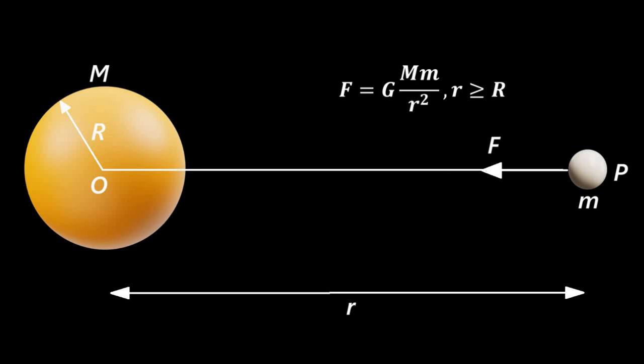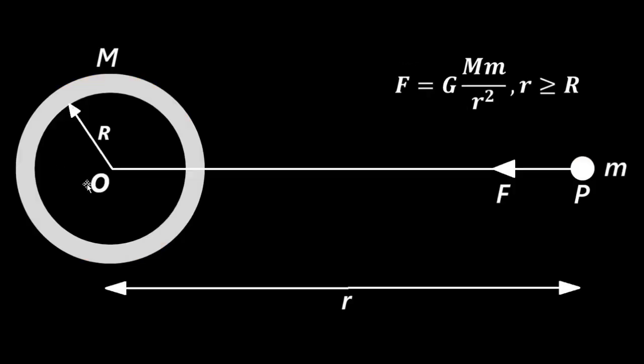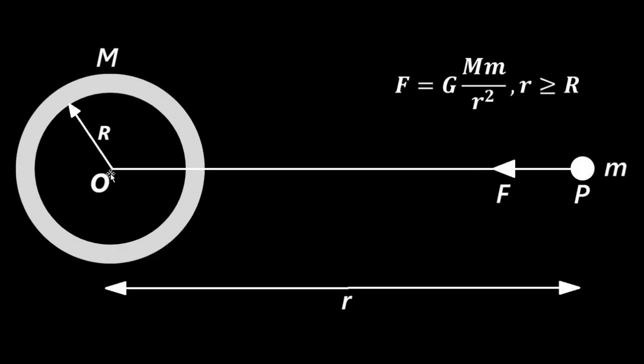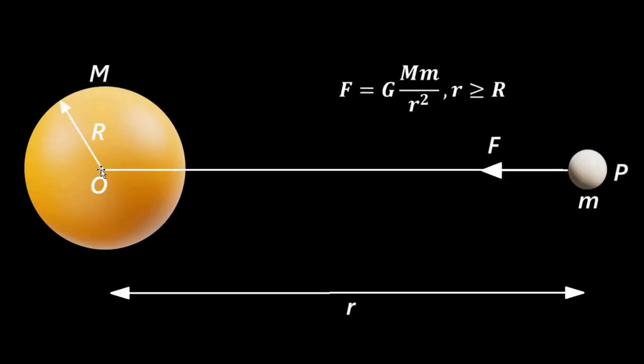So in the case of both a spherical shell or a solid sphere of uniform mass density, the gravitational force acting on a point mass is always directed towards the center of the solid sphere or the center of the spherical shell, as if the entire mass of the shell or sphere is concentrated at the central point. This is in accordance with the characteristics of gravitational force, which says that it is a central force.